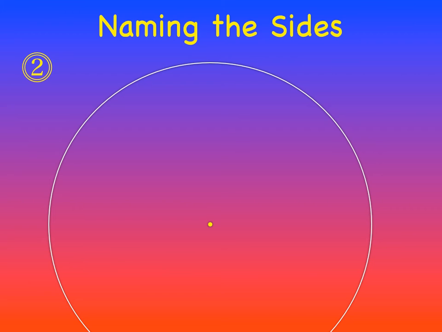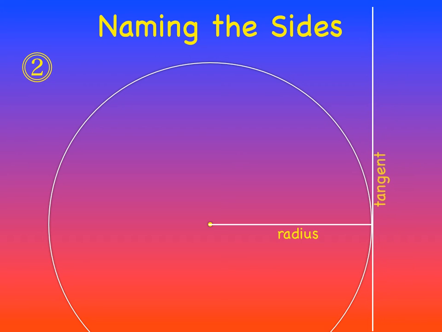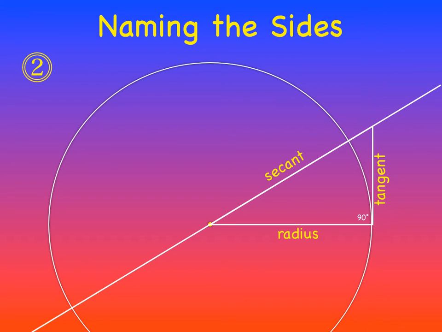And from much earlier in the video, using a circle, we have a radius, a tangent, a secant. We erase the extra parts of the tangent that we don't need, erase the extra parts of the secant, and we have tangent, radius, secant.